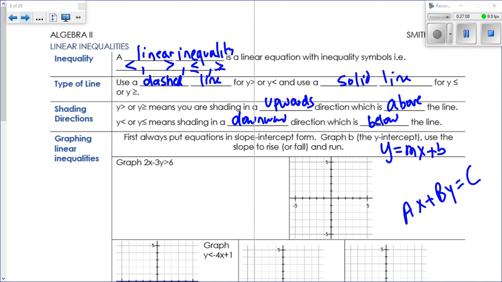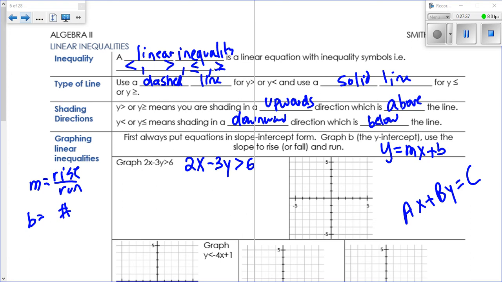So we're going to use the slope to rise and fall after we get that. The slope equals the rise over the run. The y-intercept is just that number, okay? So first, we're going to solve for the y term. So we're going to rewrite the equation.